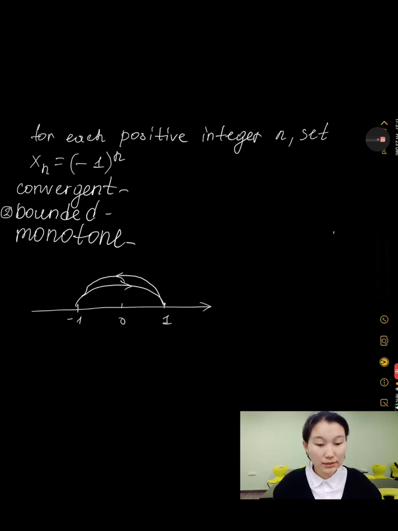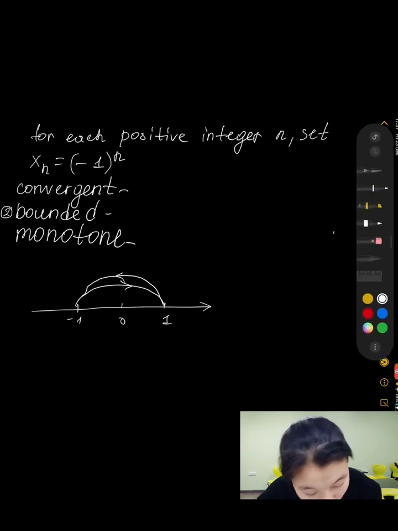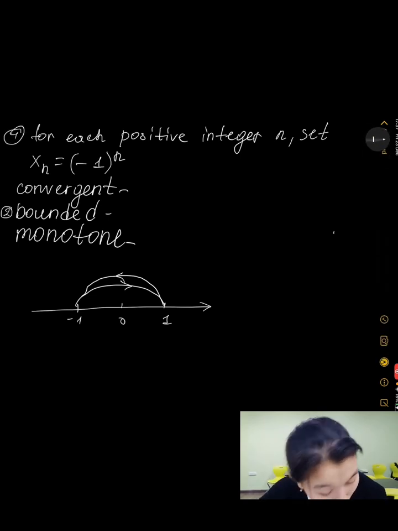Okay, let's move to the fourth example. For each positive integer n, set xn equals (minus 1) to the n. This sequence doesn't do very much, it just oscillates backwards and forwards between minus 1 and 1, with the first term being minus 1.